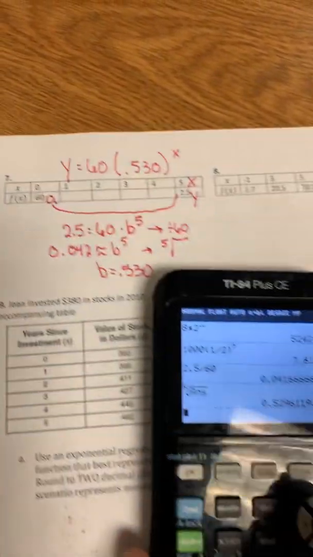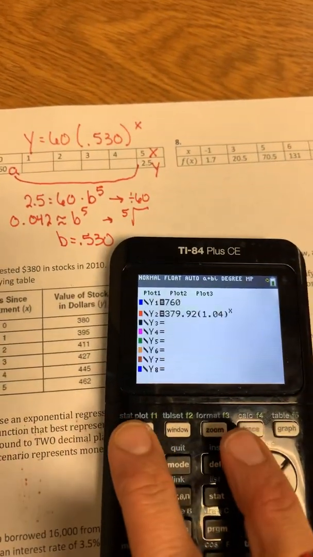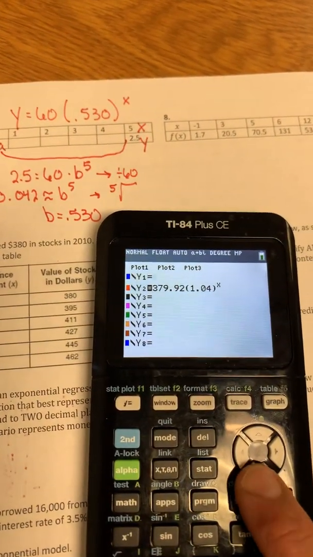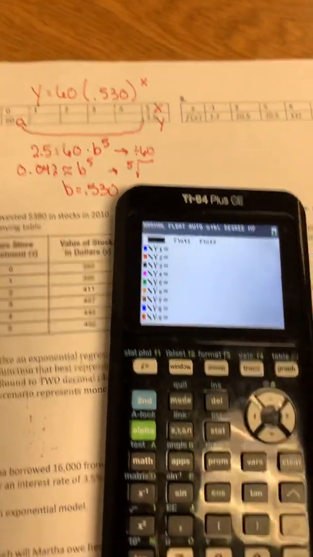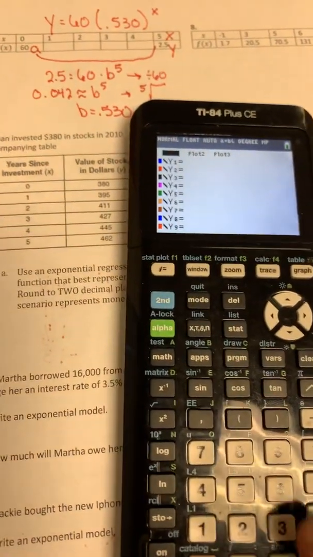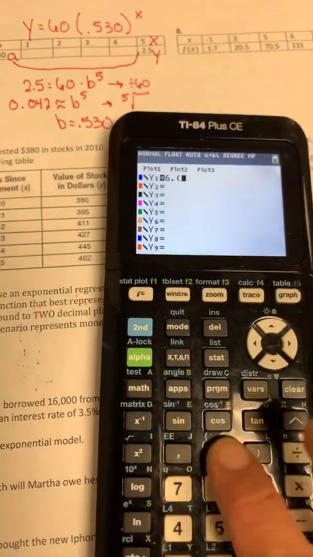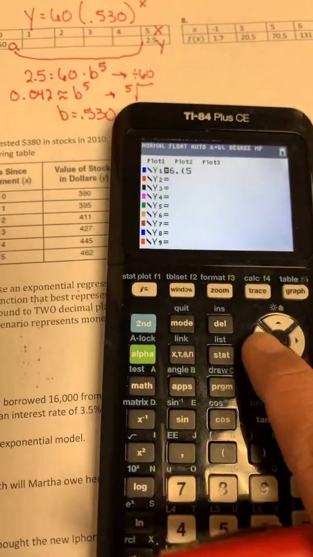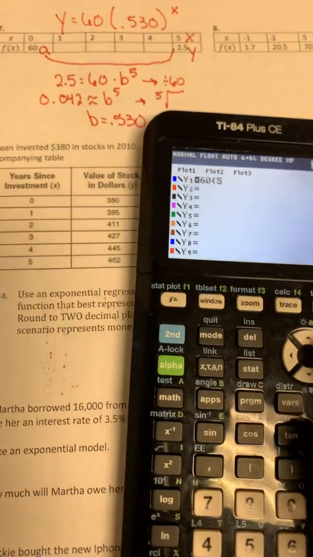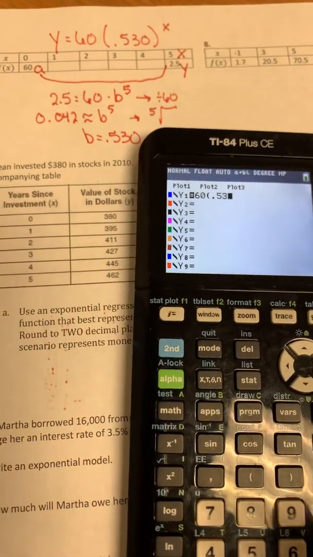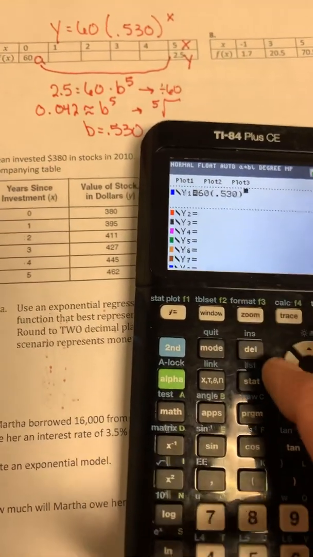And now since I need to get so many numbers, I'm going to go to my y equals button and put that in. So let's see, 60 times 0.530 to the x power.